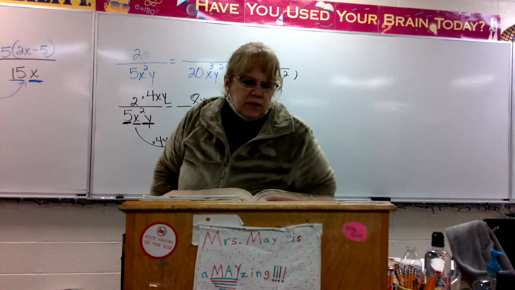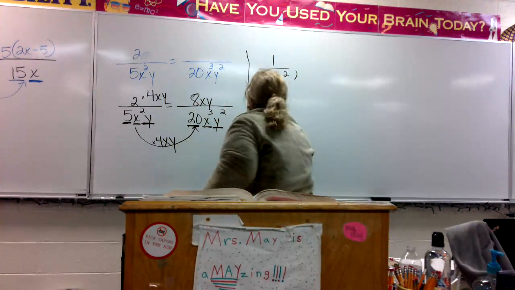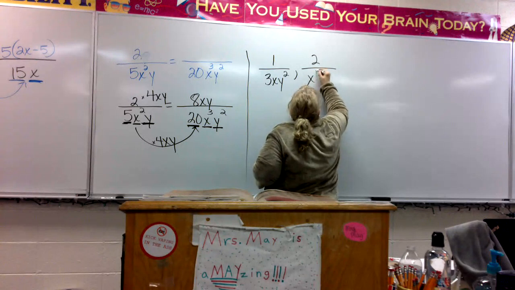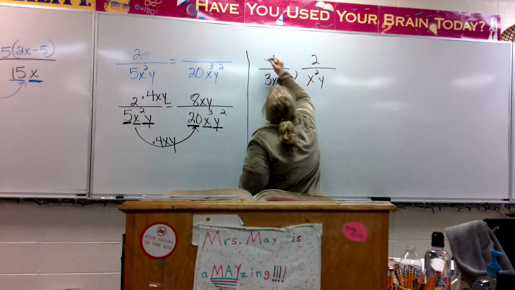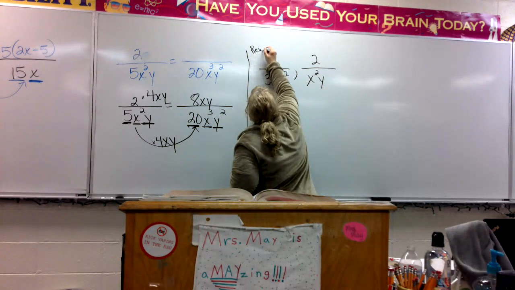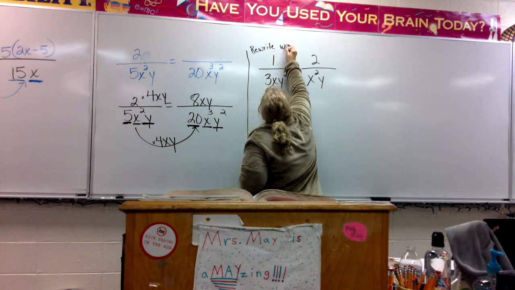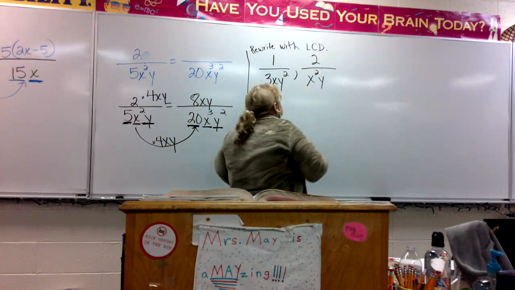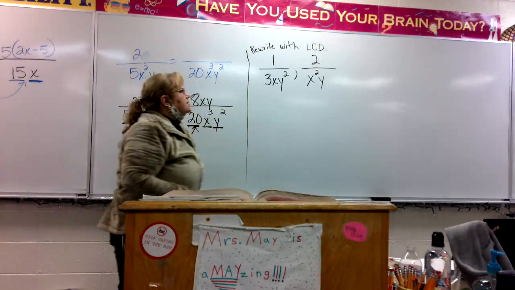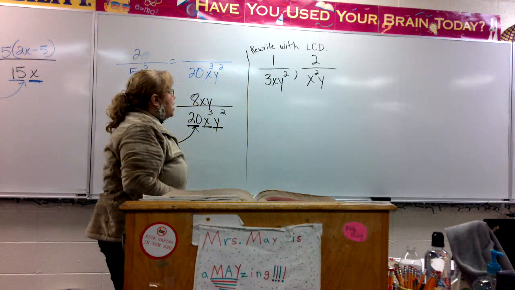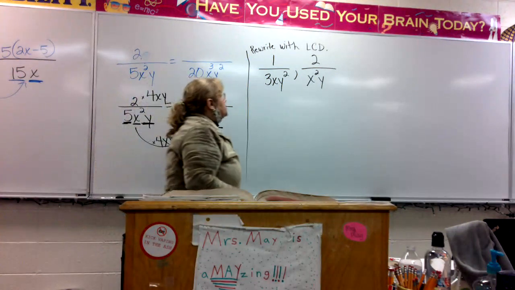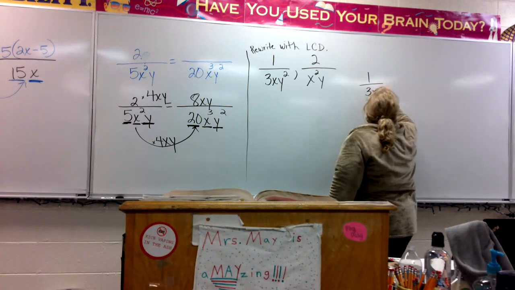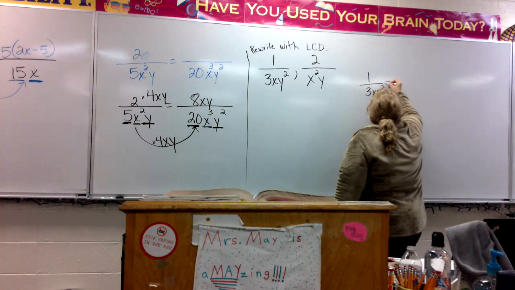And I have 2 over x squared y. And it says rewrite with the lowest common denominator. We need to rewrite that both with the lowest common denominator. What that means is you're going to need to come over to the side or on your paper somewhere.